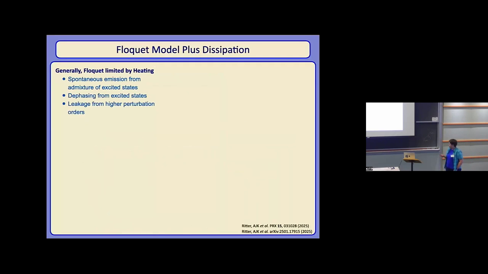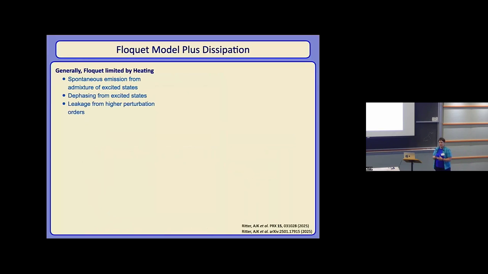Okay, so if we take a step back and think about what we normally expect in Floquet, right? We can tailor the Hamiltonian, and that's great, but all of the nice new Hamiltonian properties are always accompanied by heating. And this heating comes from several different sources. So one is that when you apply the drives, you start to mix the laboratory frame ground state with the laboratory frame excited states.